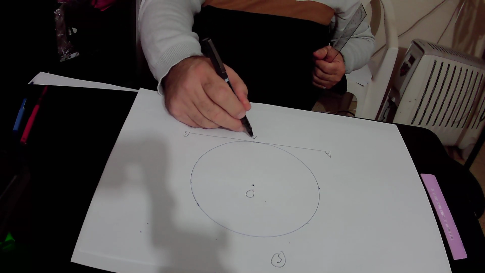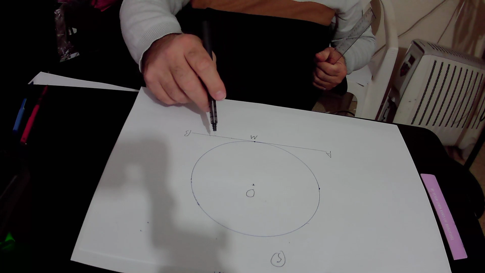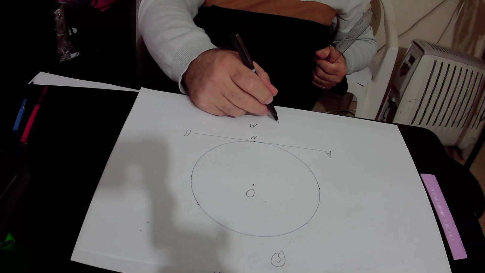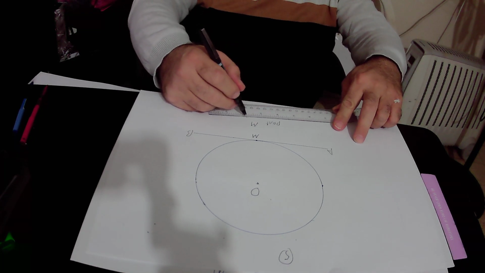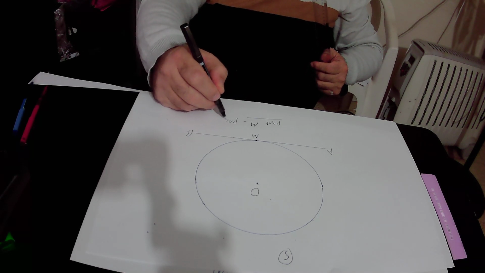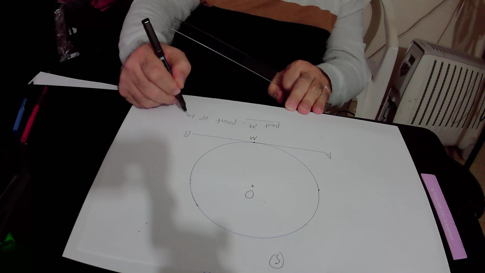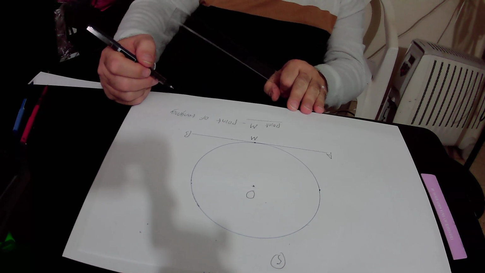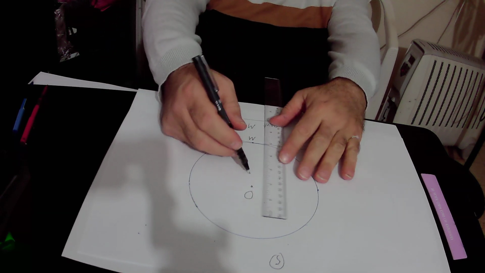We define the touching point between the tangent and the blue circle as point M. It is actually defined as point of tangency, and we actually have also a radius from point O to point M.